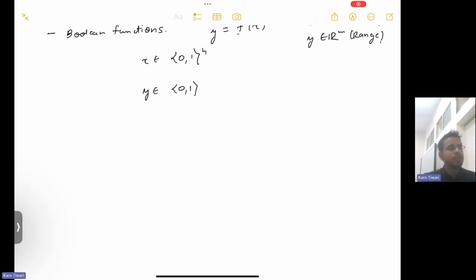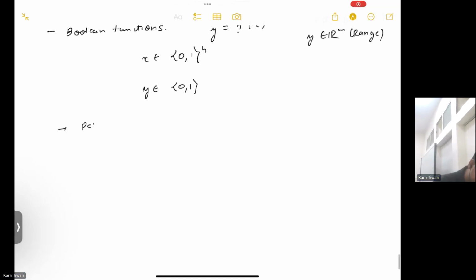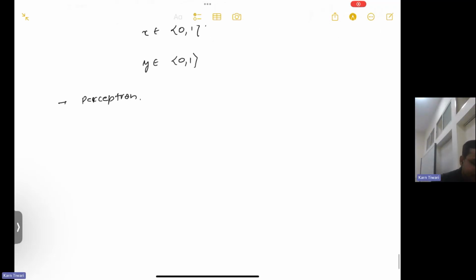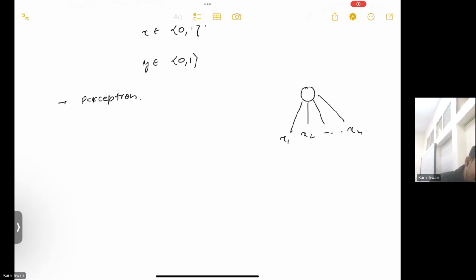That was the Boolean function. Then we talked about the perceptron. The perceptron was a very simple model which tried to fit the set of Boolean functions. You might remember we had inputs x1, x2, up to xn, and each xi belongs to {0, 1}.